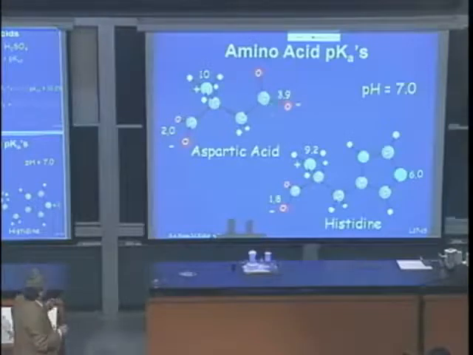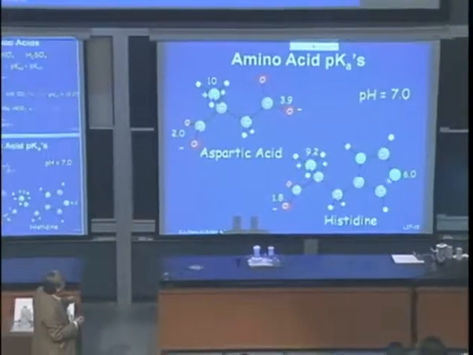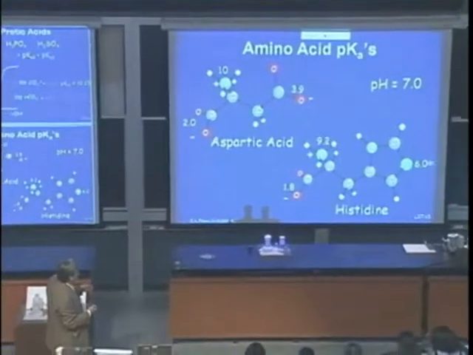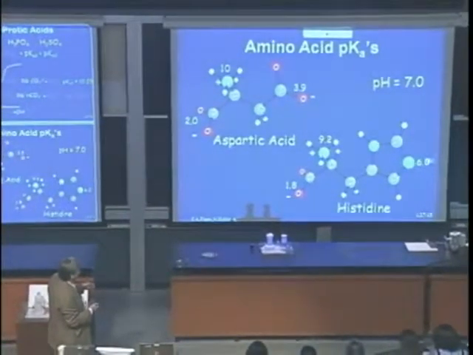This one here is 3.9, the pKa, and this is 2. So this is off at pH 7. This is off, minus, this is off, minus, and this is plus because nothing happened here. And histidine, that is 1.8, the pKa here. The pKa is 6 here. So obviously it's gone here, all right? And this here is NH3 plus, nothing happens here.